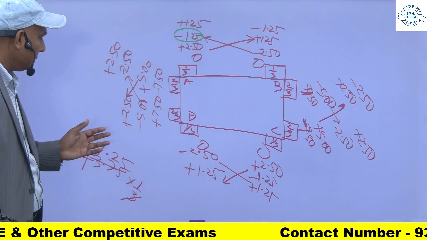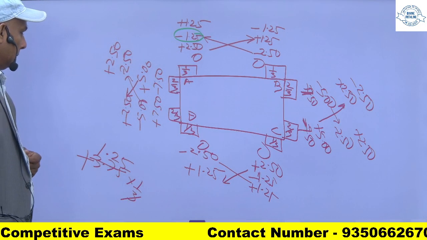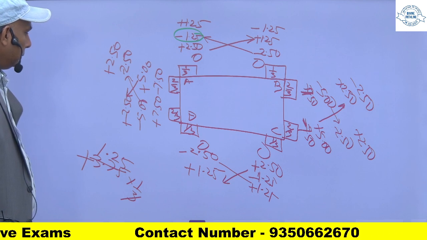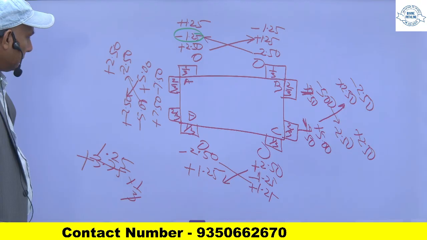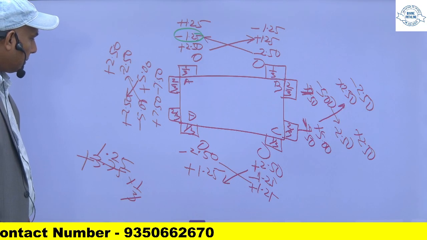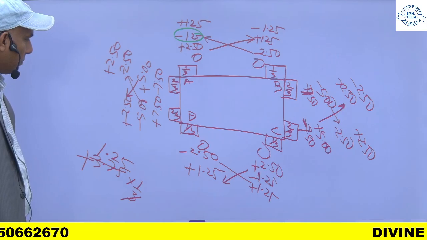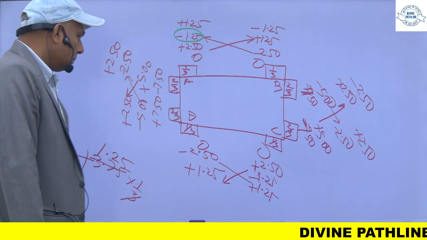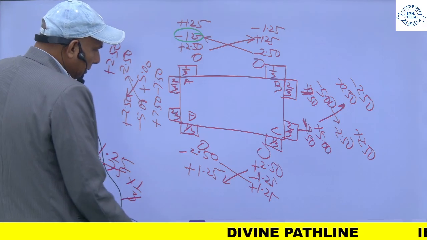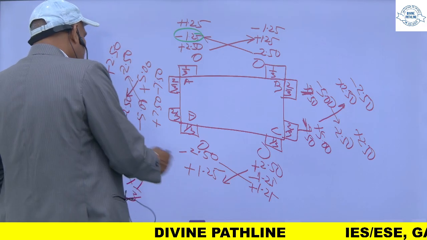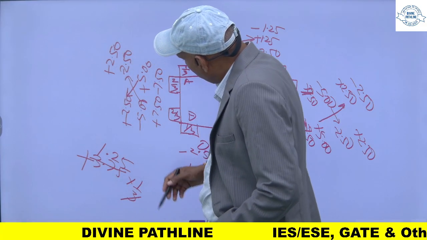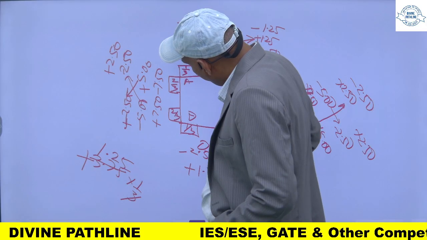Similarly, for this member, if you see, then this is plus 2.5 and plus 1.25.